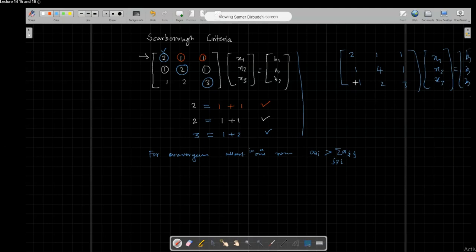Here 2 is equal to 1 plus 1, 4 is greater than 1 plus 1, and 3 is equal to 1 plus 2.